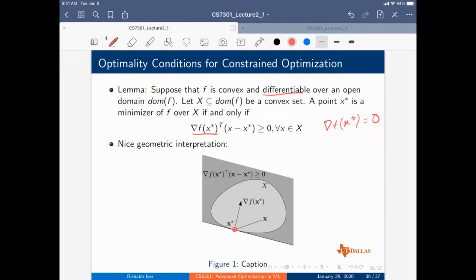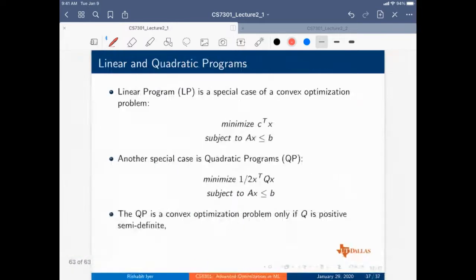In some sense, this is the more general optimality condition, which says that the gradient of f transpose (x minus x star) is greater than or equal to 0 for all x in capital X, right? And again, this is a nice geometric interpretation of this optimality condition.